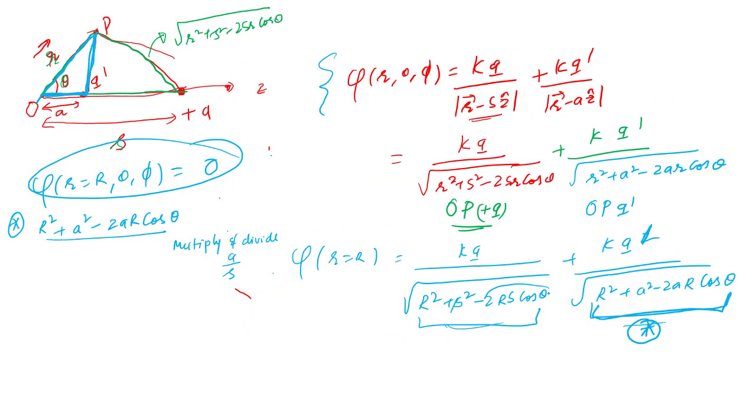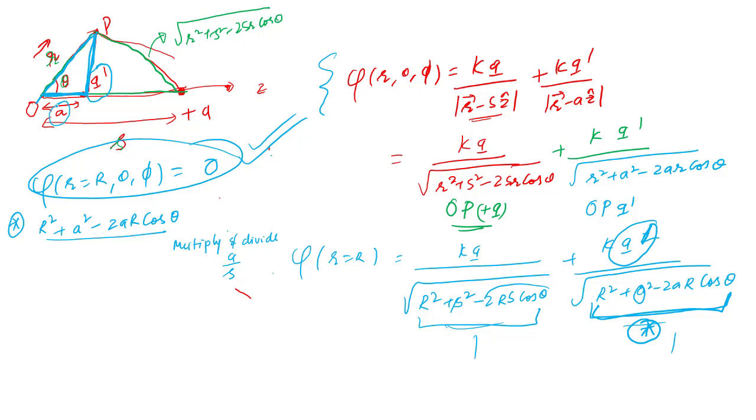What I'm trying to get at is to pick a charge q prime and a distance a such that these two terms will cancel out, satisfying the boundary condition. That's the art part of it. The art part of it is how do you pick an image charge q prime, and how do you know the distance that you have to place it at to figure out a scalar function that satisfies the boundary conditions.